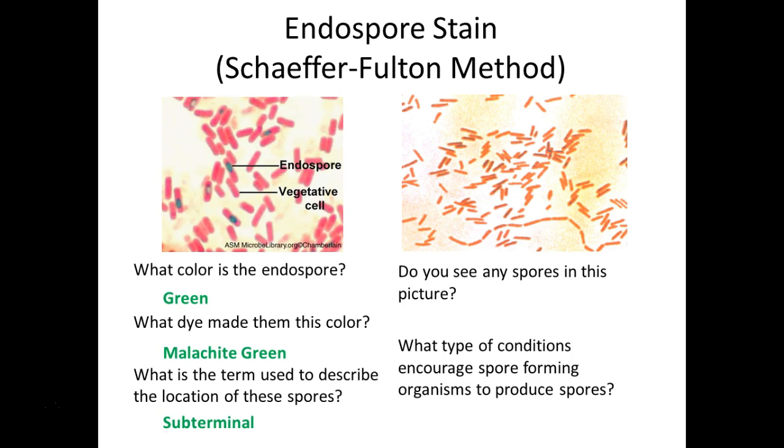So it's subterminal. The good news for you guys is underneath the microscope, you won't have to do this level of identification. We might get lucky today, and we might actually see endospores still within cells. But as you guys have already experienced, these bacteria cells are really small, right? Some of them.